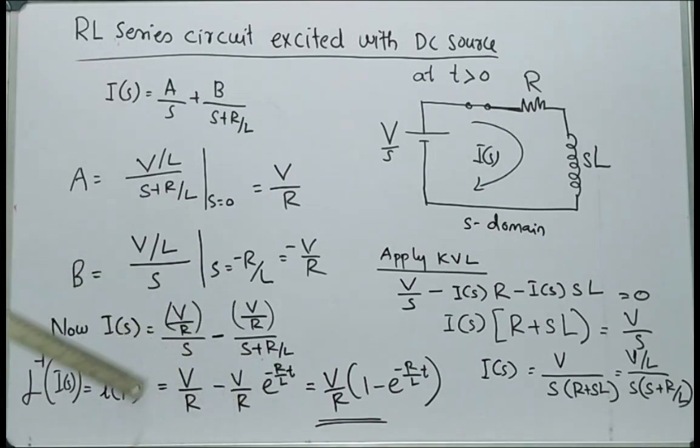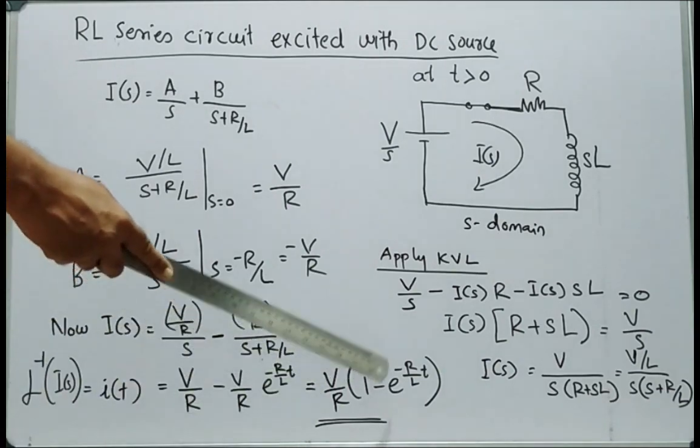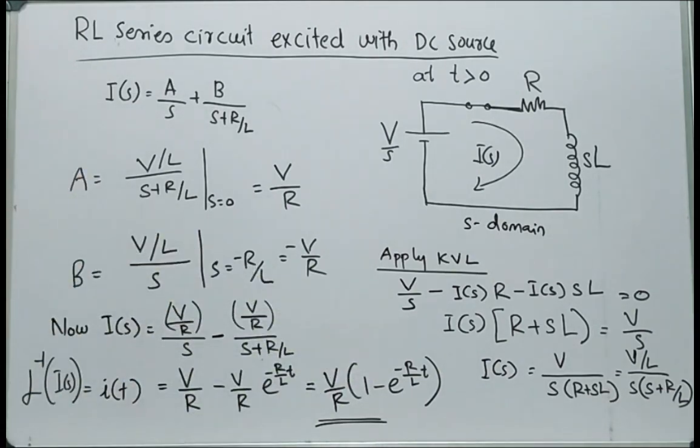Taking V by R common, this equation becomes V by R into 1 minus e raised to minus R by L into t.